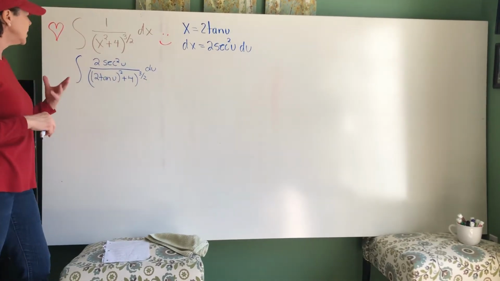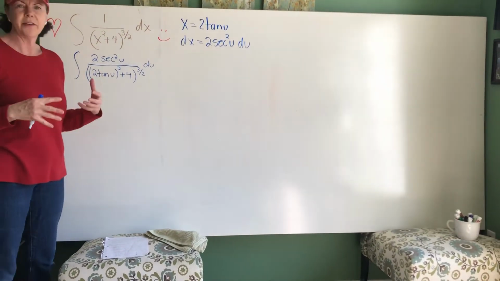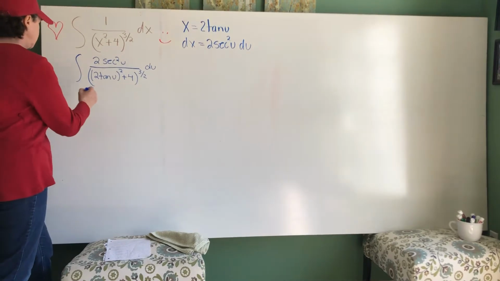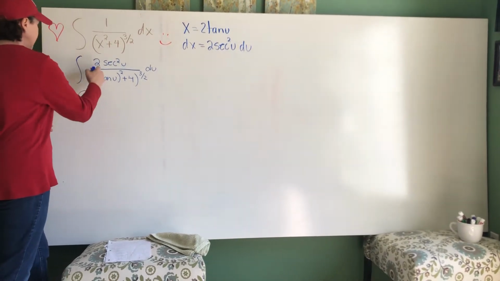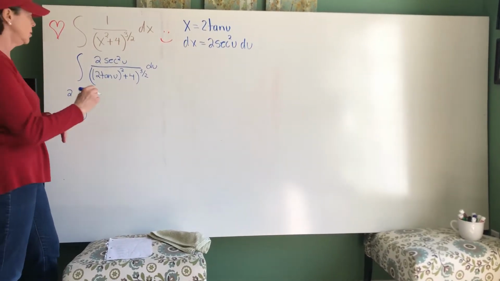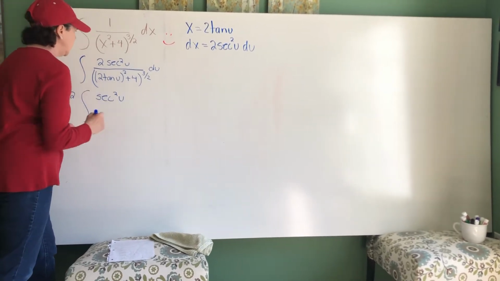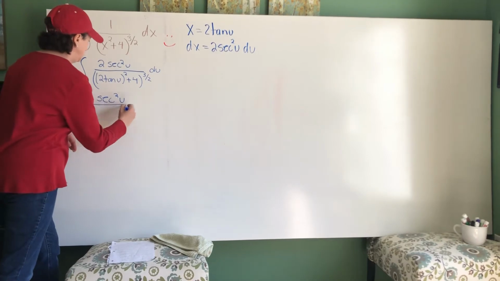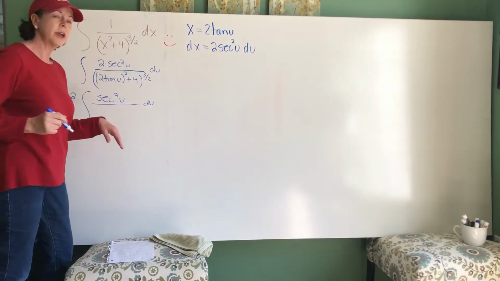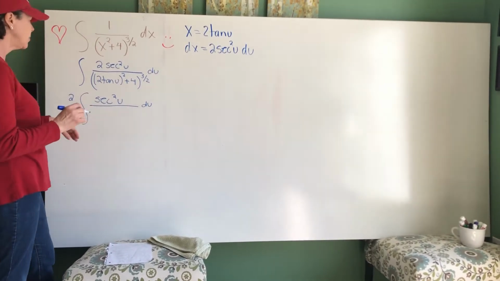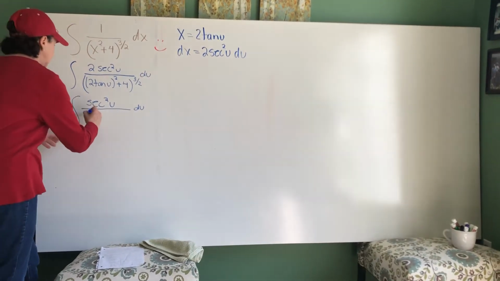Okay, so the next thing I'm going to do is factor out some constants so I don't have so much to integrate. So I'm going to factor the 2 from the numerator, and I'm going to have secant squared u. Now I'm going to start doing a lot of work here with the denominator, and I'm going to try to do that step by step to really help you.